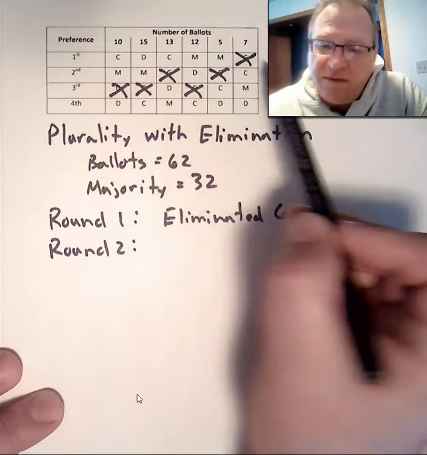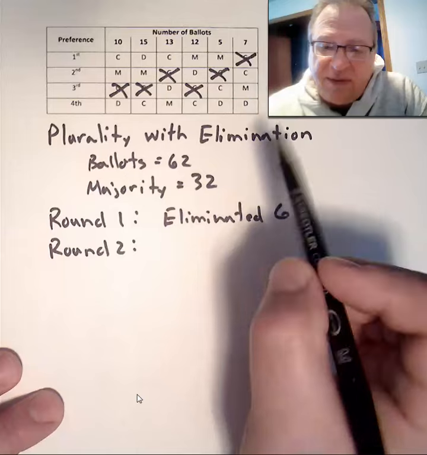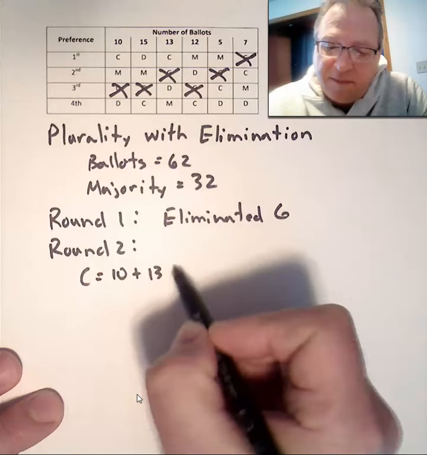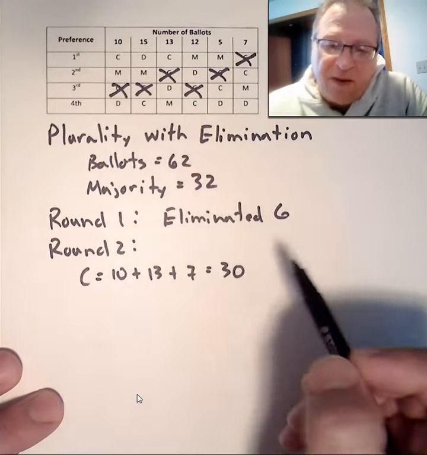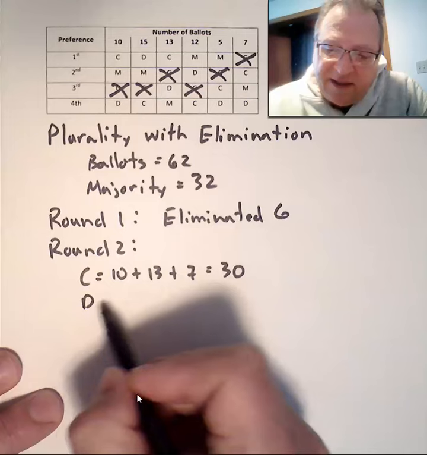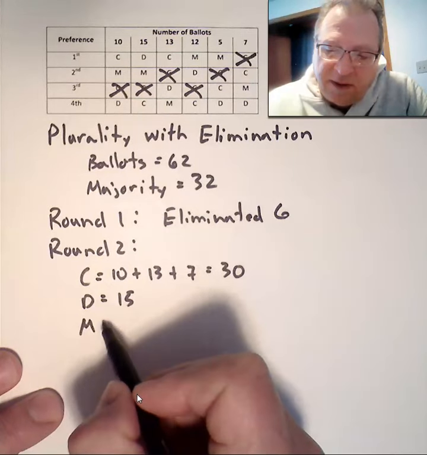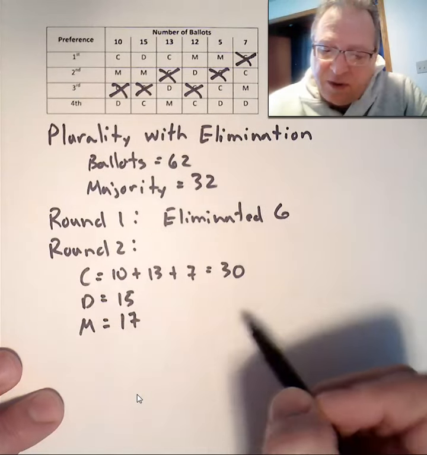Don't forget, C also moved up over here. C has 10 plus 13 plus 7. That makes 30 votes. D has 15. And M has 17.